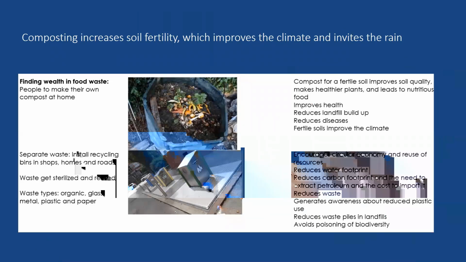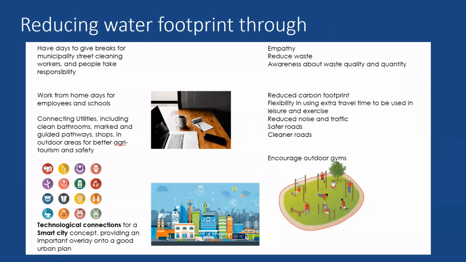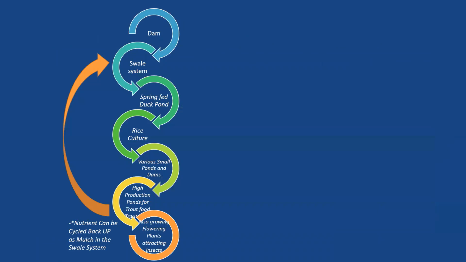Versus bathing, and then using composting as a way to increase soil fertility, and so hence reduce the green water evaporation, and also using upcycling waste to reduce the indirect use of blue water, and reducing water footprint by not using cars and having working-from-home days, and applying smart city technology for reducing excess movement through transportation.